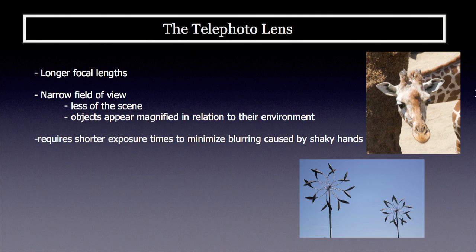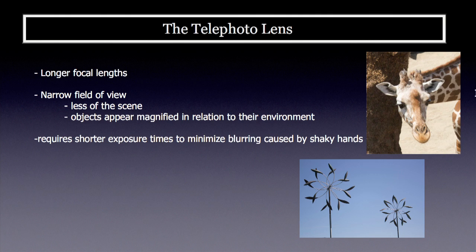In both of these photos, the giraffe and these little wind sculptures, I was hundreds of feet below them. So my telephoto lens was really handy because I could zoom in and capture them and have them fill the frame, and I wouldn't be able to do that with a wide-angle lens.